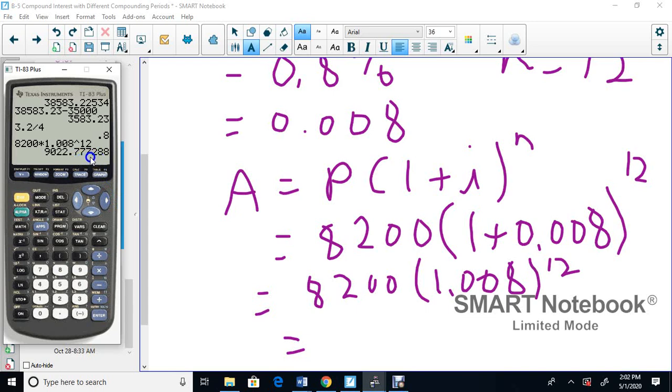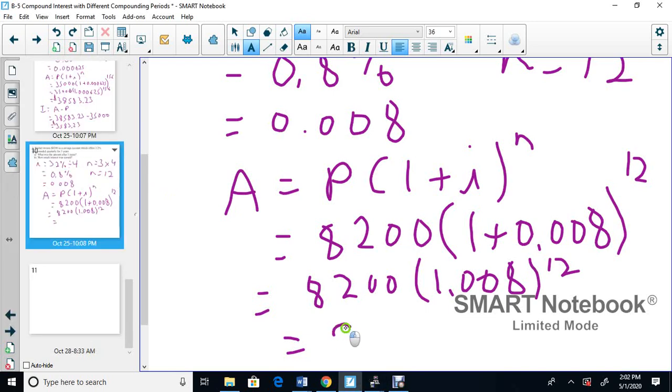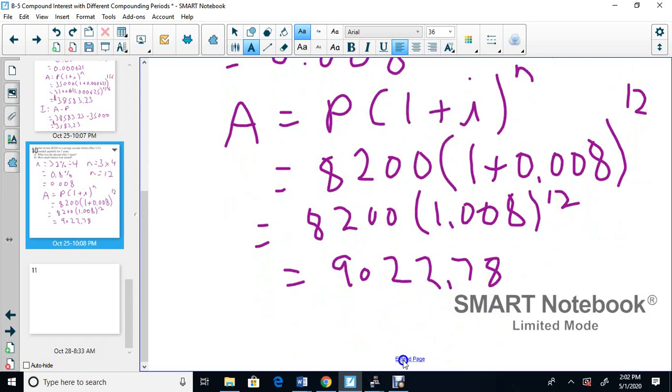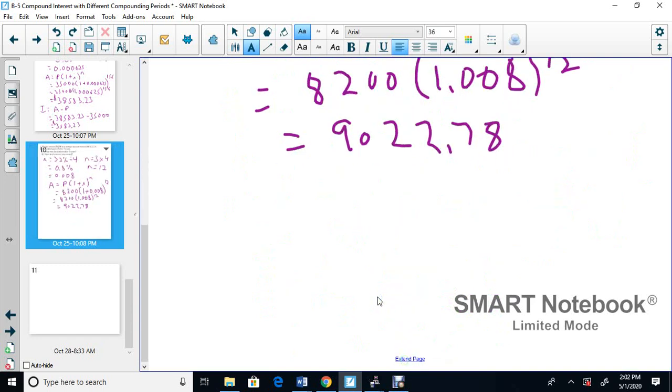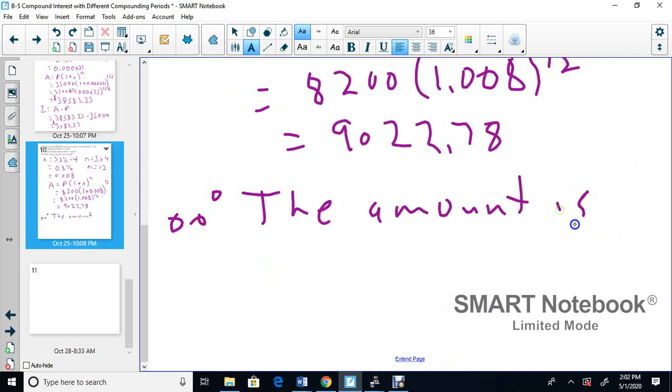That rounds to 78. 9022.78. This is a word problem. So with a word problem, you have to put a therefore statement. Therefore, the amount is 9022.78. Okay, that's the first part.